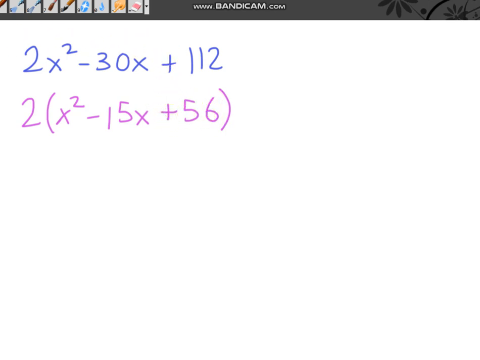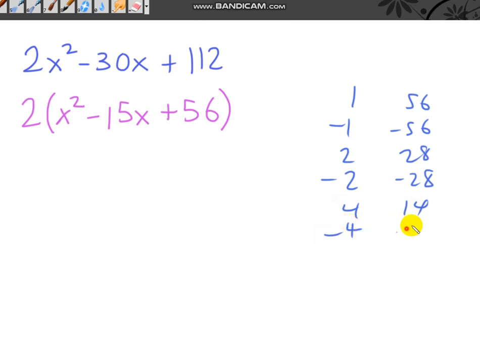Okay, so again, only consider what's in the parentheses now. You're trying to find two numbers that multiply to 56 and add up to negative 15. So I can keep going down this list. Let's see, 8 and 7, negative 8, negative 7.